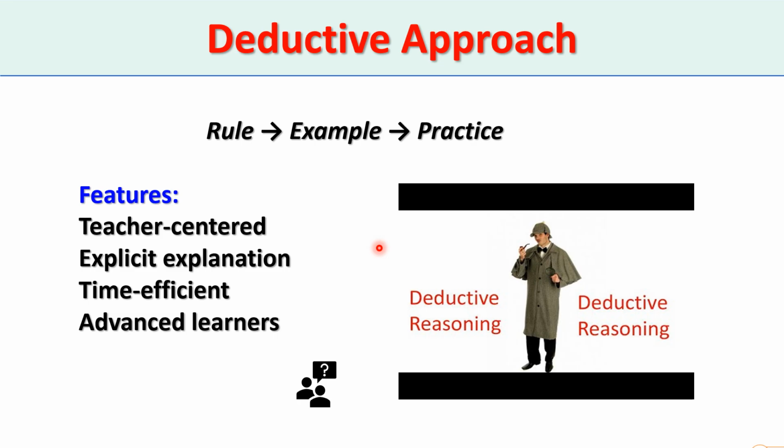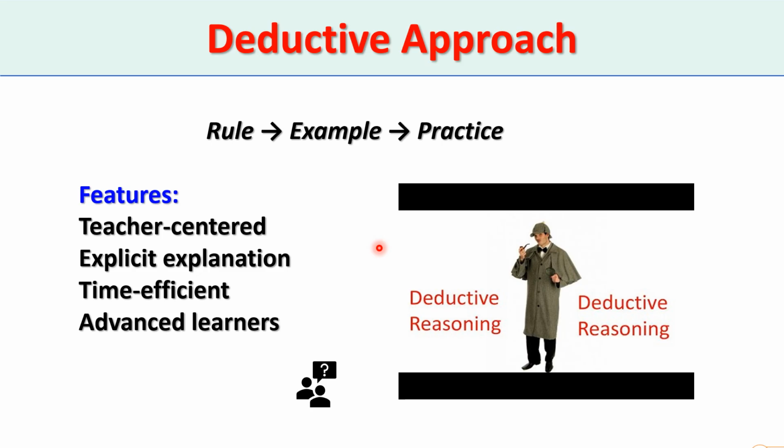And also in the deductive approach, the teacher needs to do 4 steps. The first step is the teacher gives the rule first. So the teacher starts the lesson by clearly stating the concept and defining the rule.